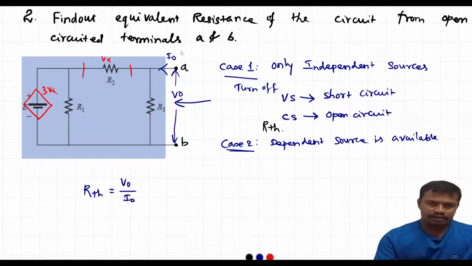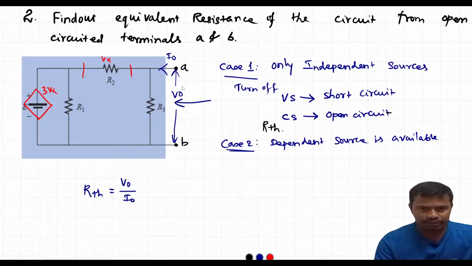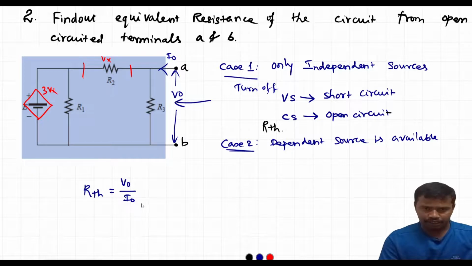If we have a current source, then we can inject a current and find the value of V0, that is the voltage across the open circuited terminals, and then calculate the equivalent resistance by using this formula.